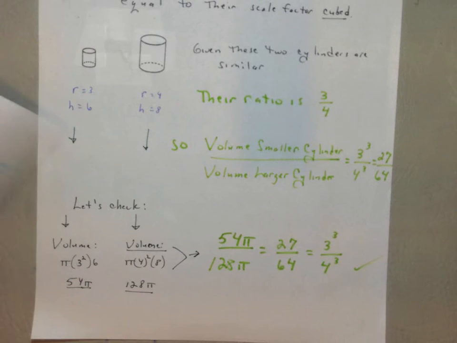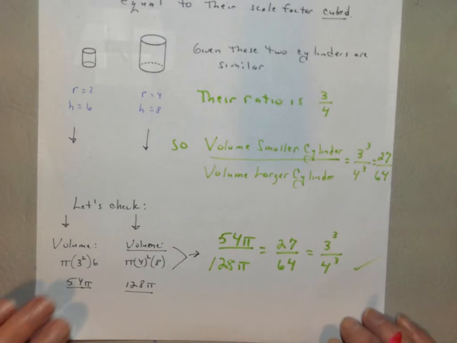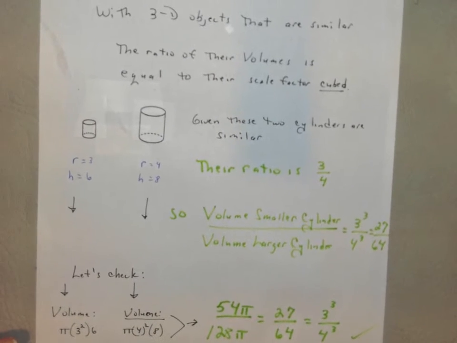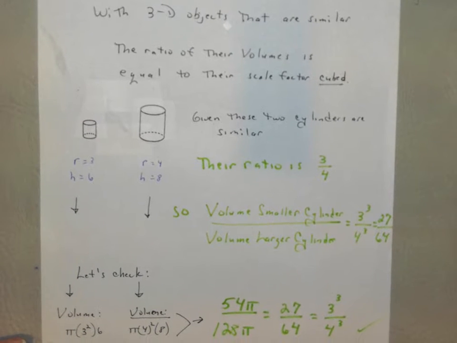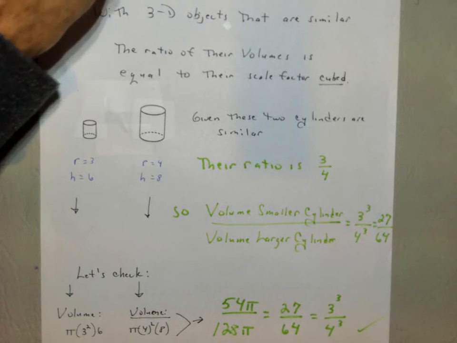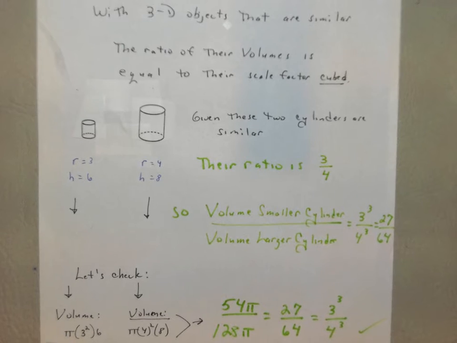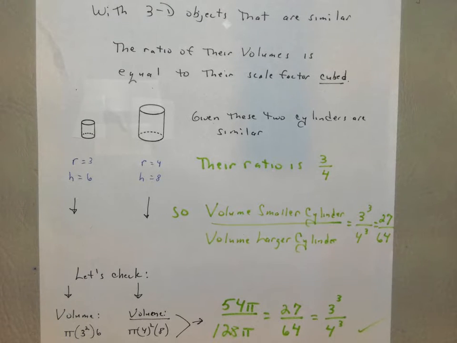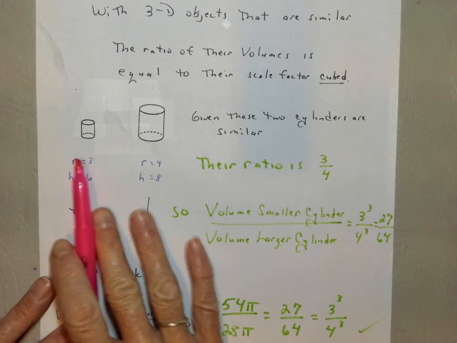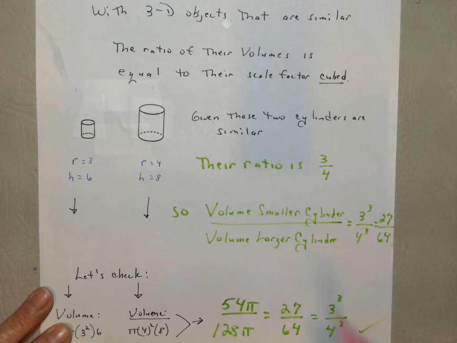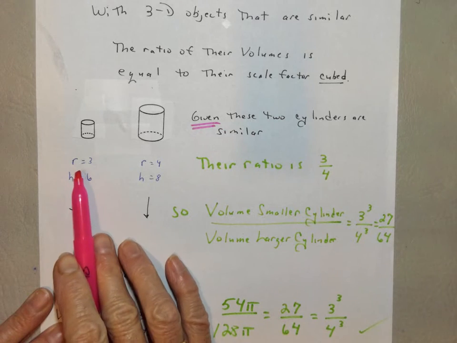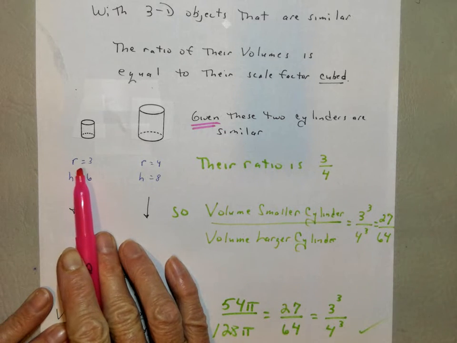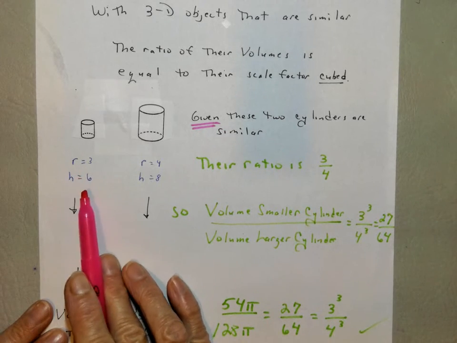Okay, so now let's talk about volume. With the 3D objects that are similar, the ratio of their volumes is equal to their scale factor cubed. So, let's take a look at that. If I give you two cylinders, and I'm telling you that they're similar because that's given to you, the radius is 3 for the first one, and the height is 6.